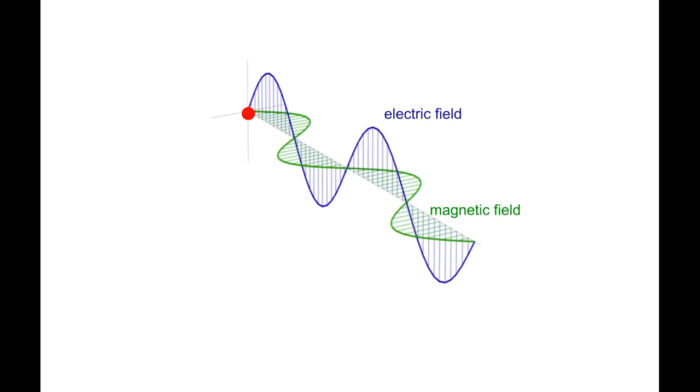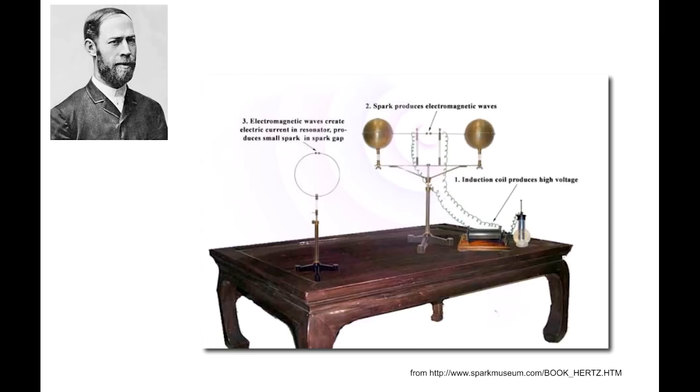So let's now introduce ourselves to Heinrich Hertz. Heinrich Hertz in 1887 set up an experiment to show the existence of this electromagnetic wave. He set up an induction coil with these balls here which built up a large charge, and this area here would produce a small spark.